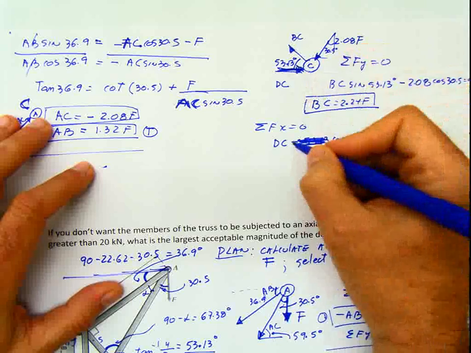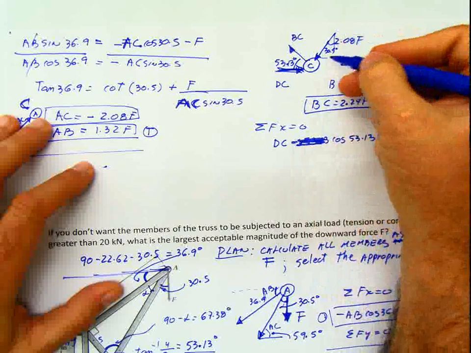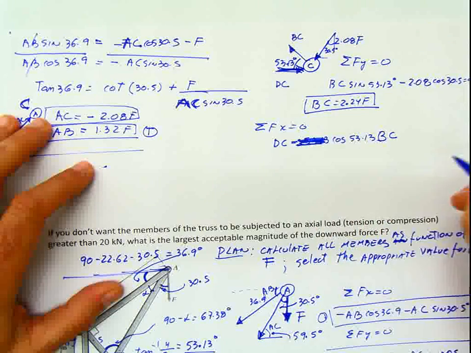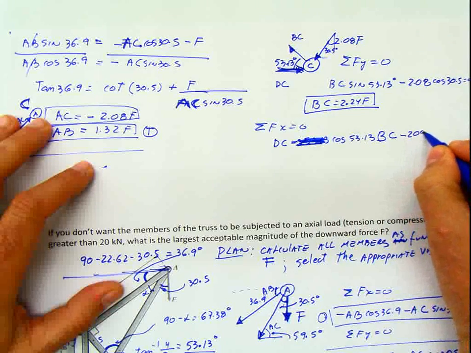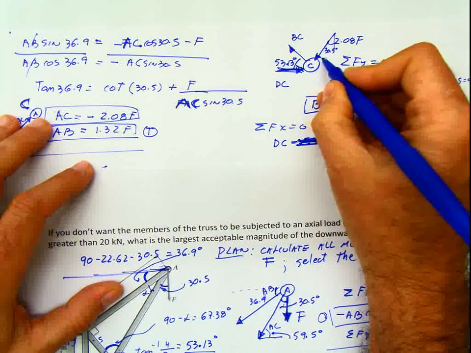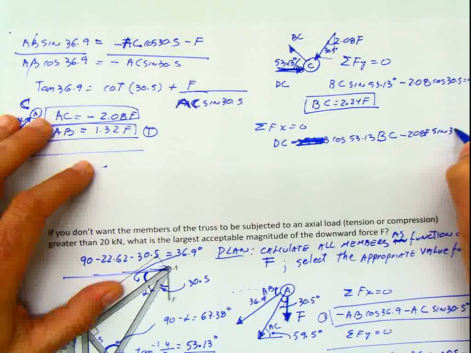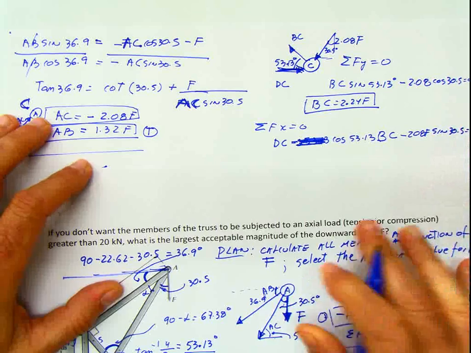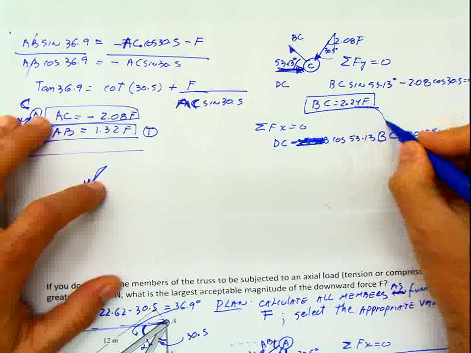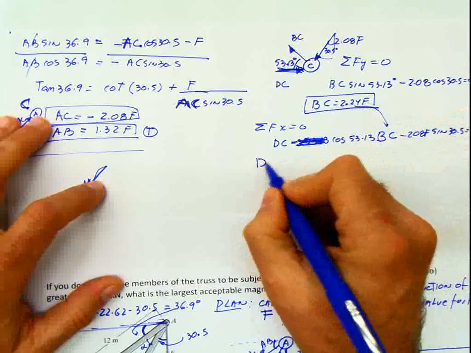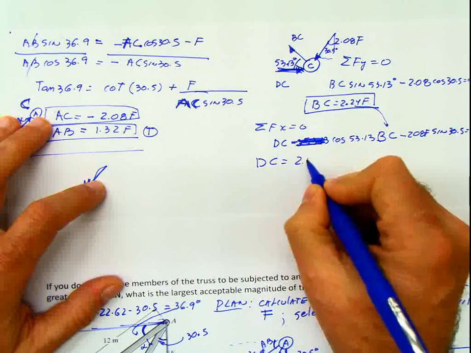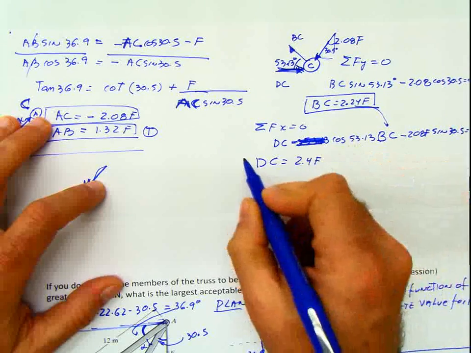Negative because it's going to the left. And this is also to the left, so it's going to be negative 2.08F, this time sine of 30.5 equals 0. You know BC because we calculated before. You put everything together and then you get DC equal 2.4F.